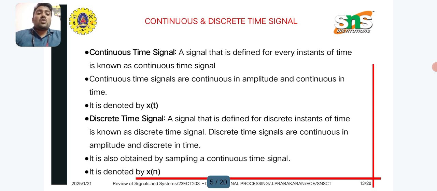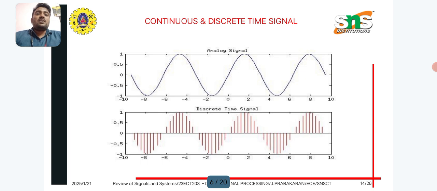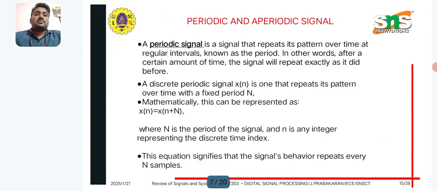It is also obtained by sampling a continuous time signal. It is denoted by x of n, where small n represents the number of samples. This is the graphical representation of continuous and discrete time signals.